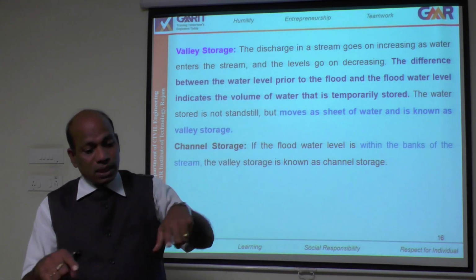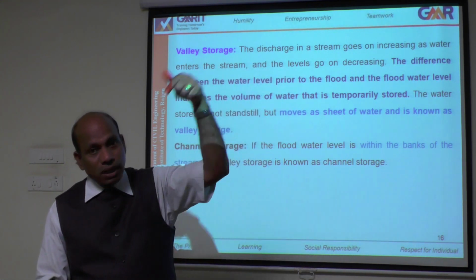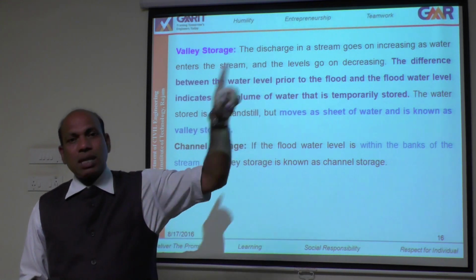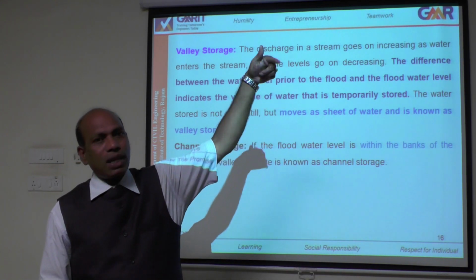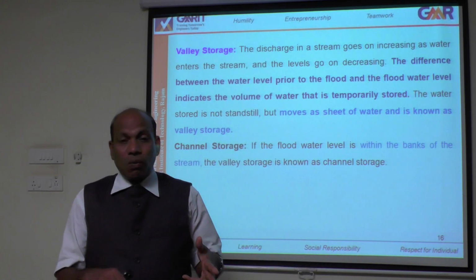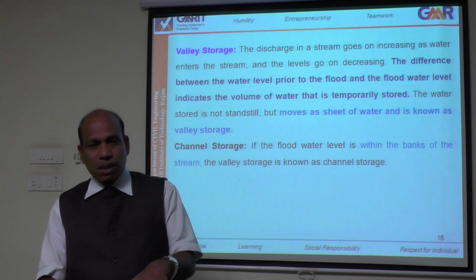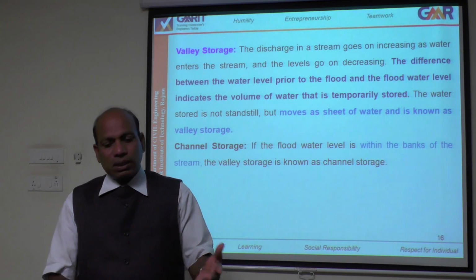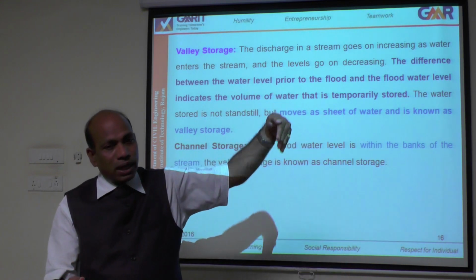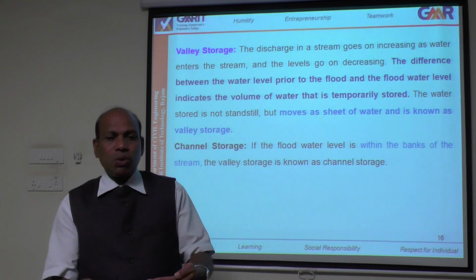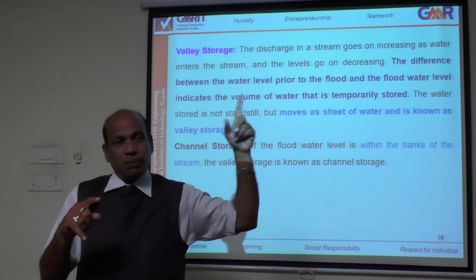The rainfall falling on the catchment, the basin of that stream, enters into that stream, so the water level gradually rises. Initially some depth of water was flowing, and that level rises because of the water entering the stream, up to a certain level because of the flood.